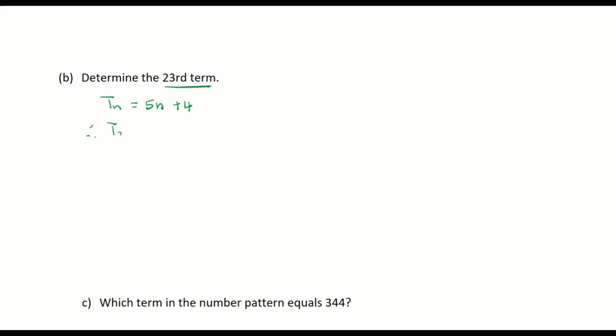So T23 is equal to 5 times 23 plus 4. So therefore, T23 is equal to 5 times 23, which is 115, plus 4, and that's going to give us T23 equals 119.